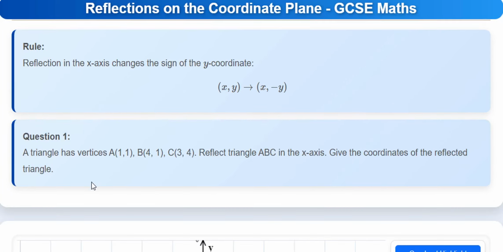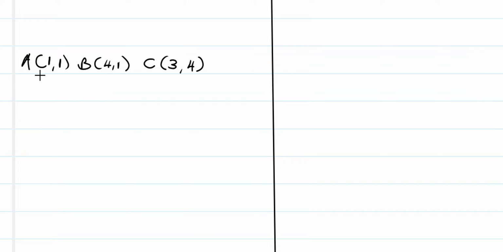So let me copy these coordinates of the triangle on my board. Then we can find the new coordinates of the reflected figure, and then we can plot them in the Cartesian plane. So these are the original coordinates, and as usual, the rule is, reflecting on the x-axis, the x coordinates remain the same, then the y coordinates change to negative.